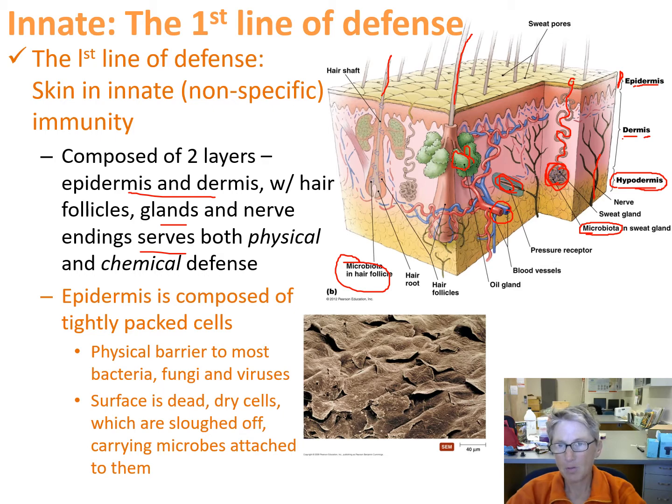The epidermis, this most superficial part, has cells that are really tightly packed, which makes a physical barrier to most bacteria, fungi, and viruses. As you know, the surface is dead, so the keratinocytes at the surface are dead. They're dry, and they slough off. When they slough off, they carry microbes attached to them. And this is a scanning electron micrograph of these skin cells at their most superficial, getting ready to slough off.